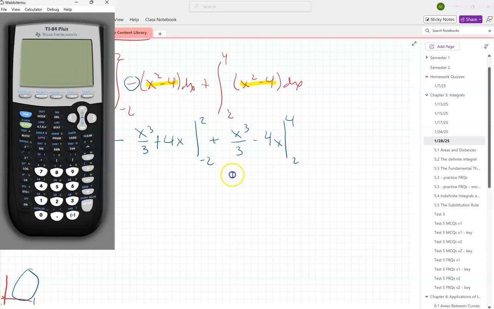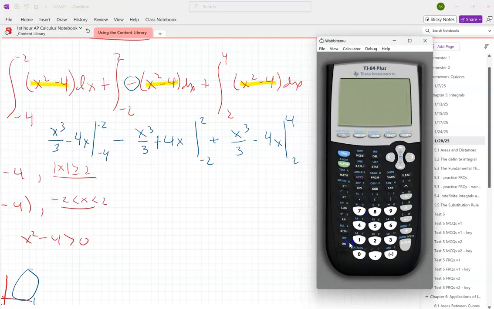Yeah, so the way I would do this if I have a calculator is I'm going to type in x cubed over 3 minus 4x into y1. And I'm just going to do vars, y vars, function y1, and do y1 of -2 minus, and then vars, y vars, function y1 of -4, right?